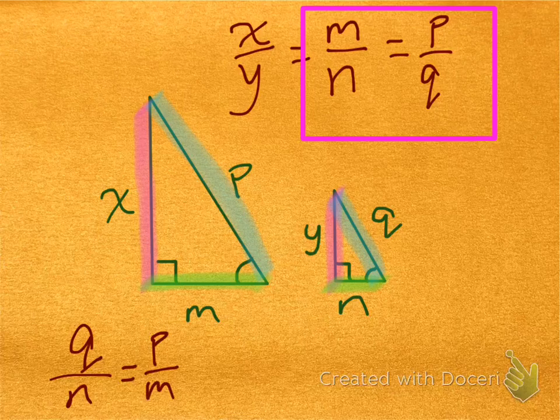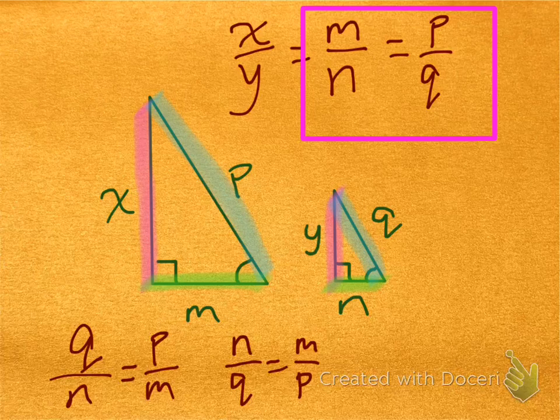Which gives us a ratio on one triangle specifically, where you have the ratio of the hypotenuse over one of the leg lengths. And you could say, again using algebraic manipulation, that the reciprocal must also be true. n over q equals m over p, right?